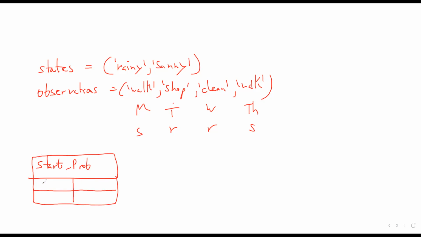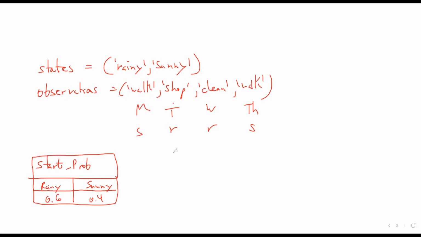So let's say the probability of it being rainy as the starting state is 0.6. And the probability of sunny is 0.4. You see that? That's it. So that's how you get those probabilities. Those will be the first ones just in the first state.